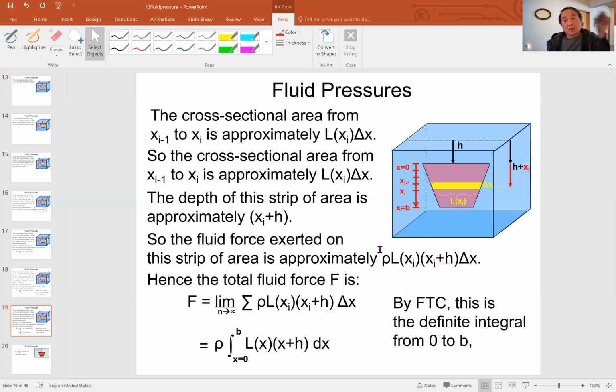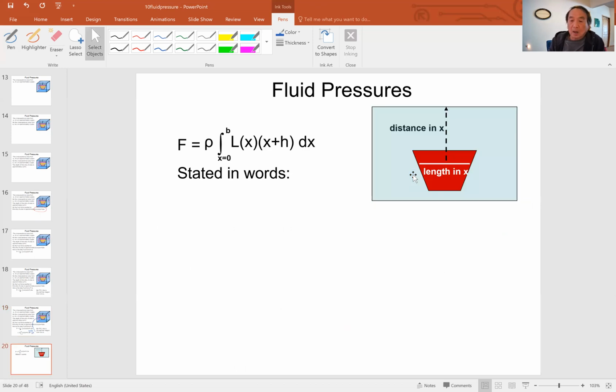We want to make thinner and thinner strips, let delta x go to 0. So the sum over all the pressures of all the strips turns into an integral. Over here, Lx times dx, I'm going to point out again, is the d area, basically how much the area is, times the distance to the top, x plus h.